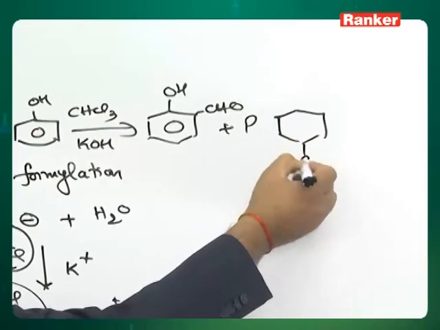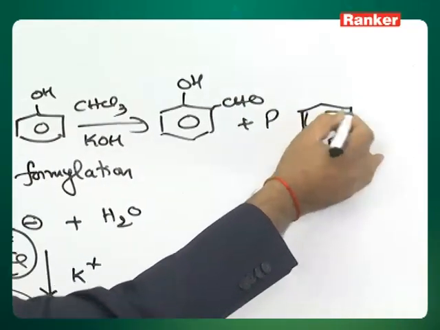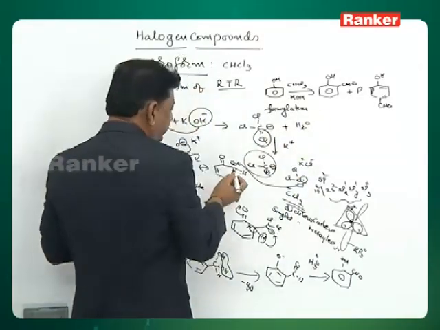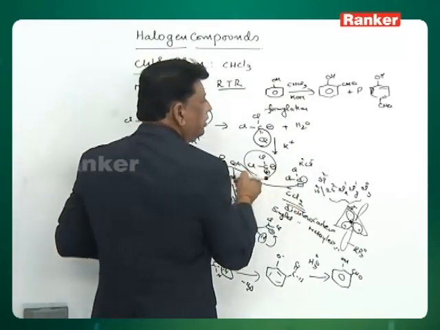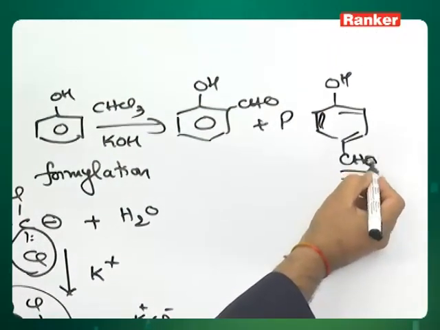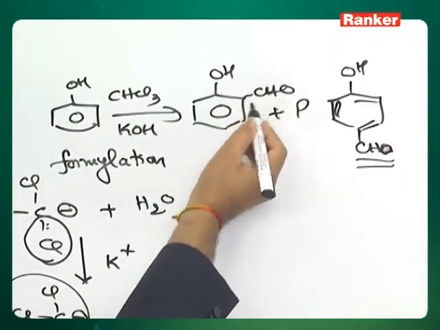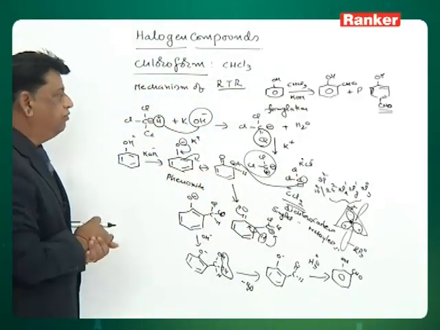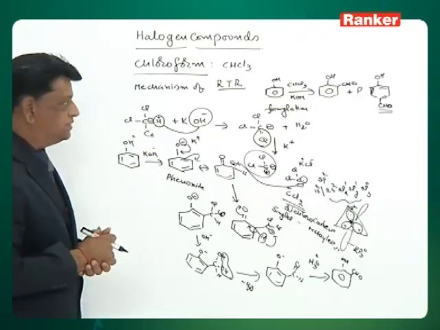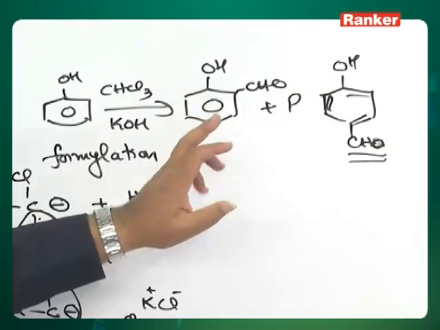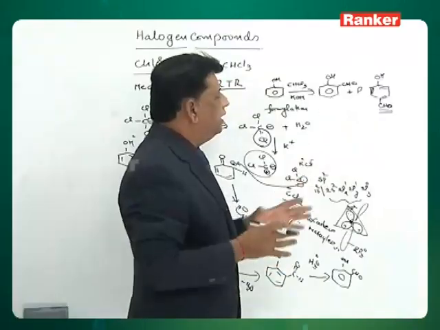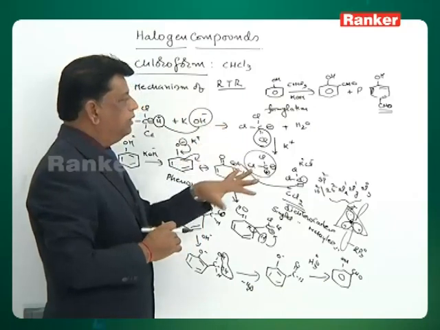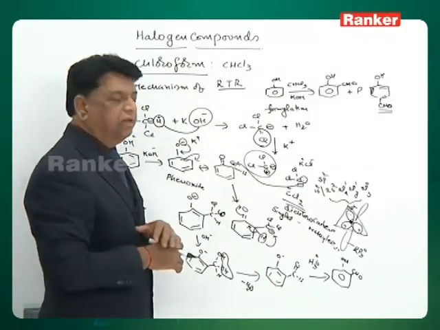So both ortho and para mixture will be formed. Only the ortho one has a specific name, salicylaldehyde. Para has no specific name, you have to call it hydroxybenzaldehyde or formyl containing phenol, right?